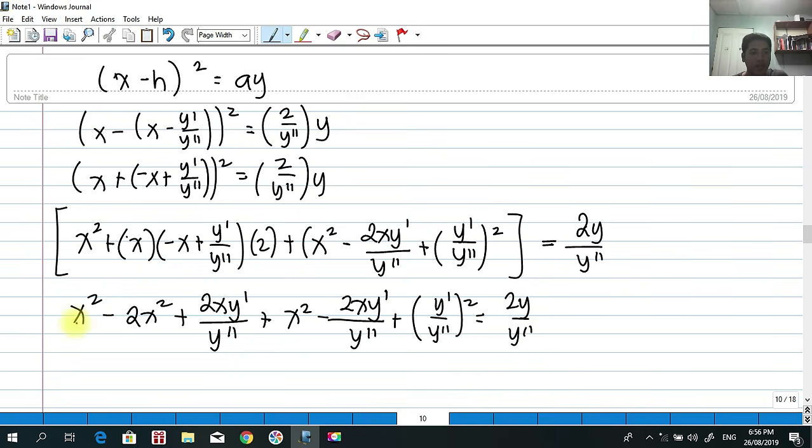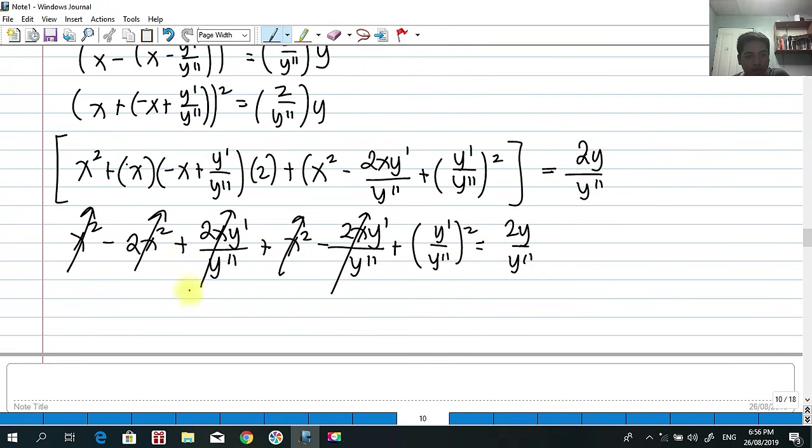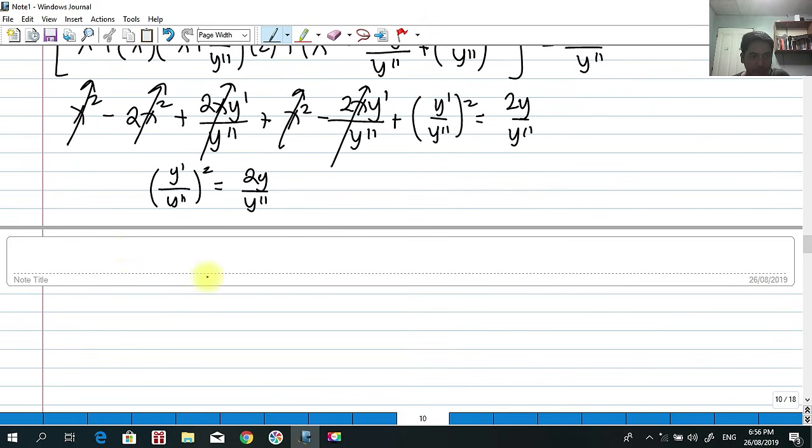Upon simplifying, we know that x squared plus x squared is 2x squared minus 2x squared. So this should be cancelled. Okay? Plus 2xy prime over y double prime is cancelled by this term. Okay? Because it's minus. And you are left with what? This equation. Y prime over y double prime squared is equals to 2y y double prime. So, upon simplifying further, we have y prime squared over y double prime squared is equals to 2y y double prime.